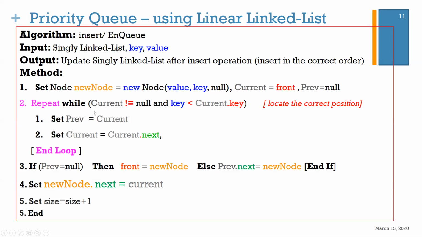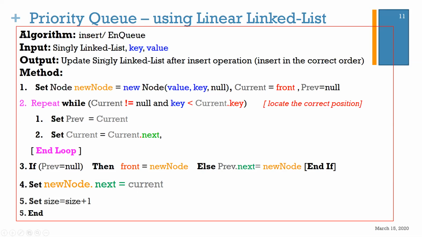But if it finishes with current equal to null, meaning we don't have any element after, then if previous equals null, front equals the new node; else previous.next equals the new node. So we put new node.next equal to current.